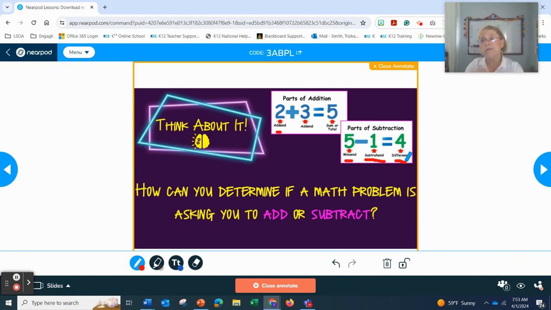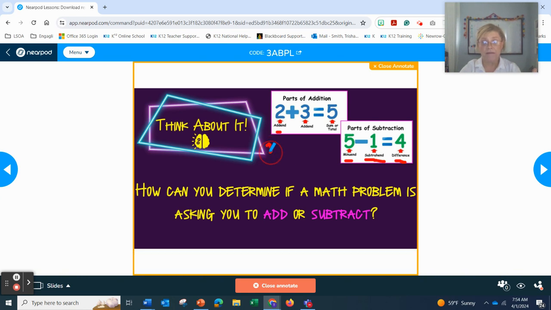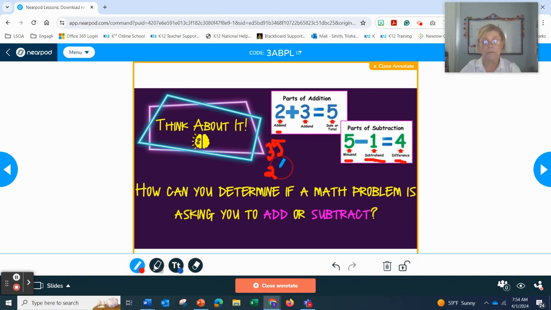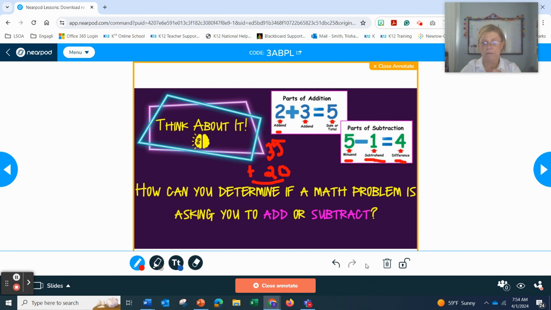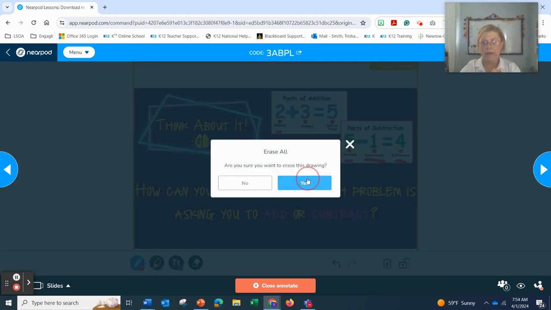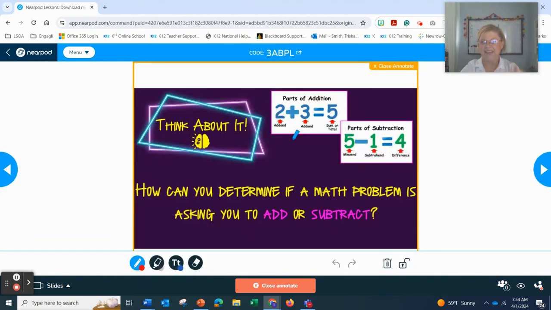So let's put that in real terms. Let's think back to that pretzel problem. So the baker had 35 pretzels, and he added 20 more. Actually, I'm going to make that a little bit smaller.